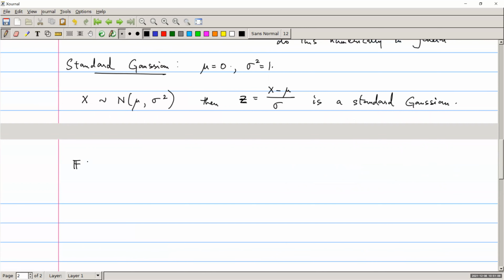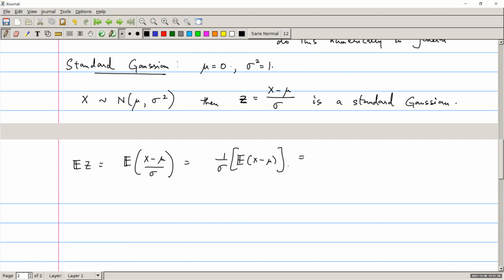the expectation of z is the expectation of x minus mu divided by sigma. And take out sigma, and here we have, right, so this is because the expectation of any constant times a random variable x is a times the expectation of x.